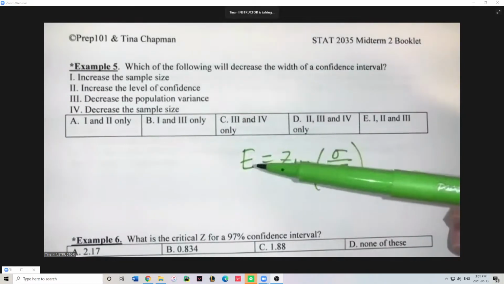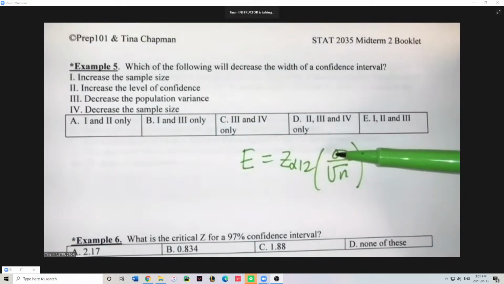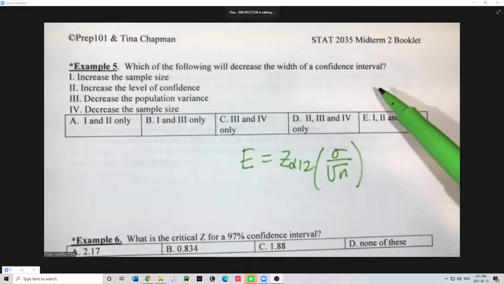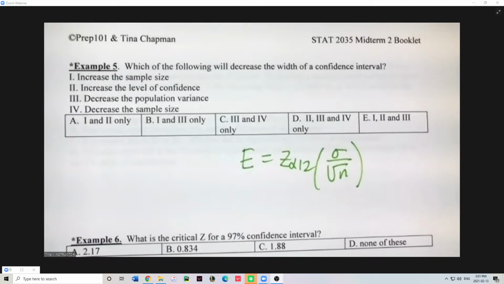Okay, so margin of error is the critical Z times sigma over root n. So which of the following would decrease the width of a confidence interval? Well, you should know this because we talked about this at the very start. So write down what you think.